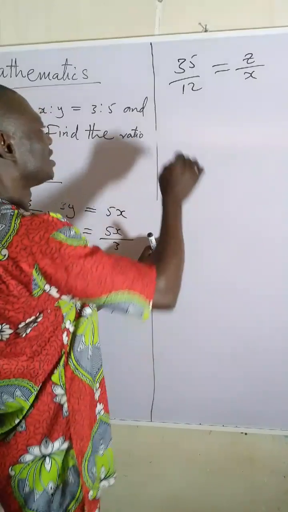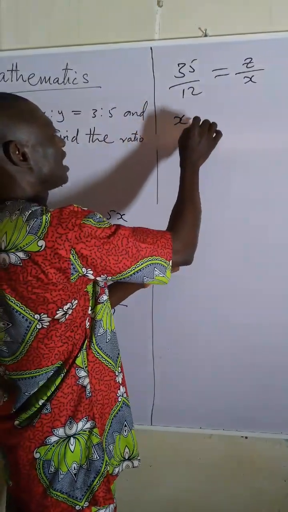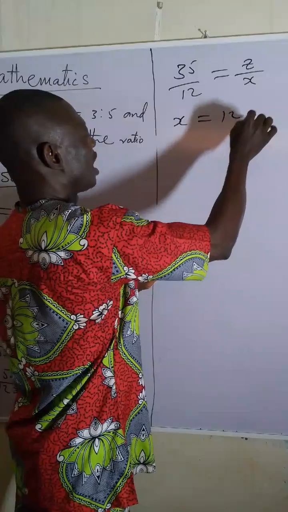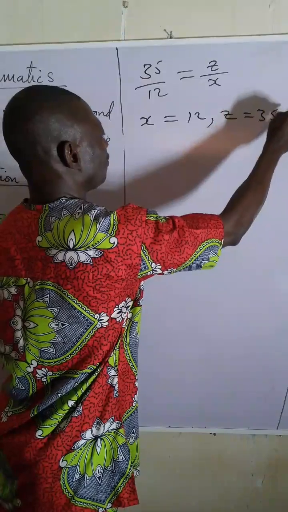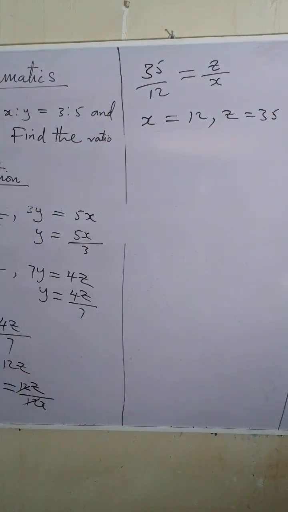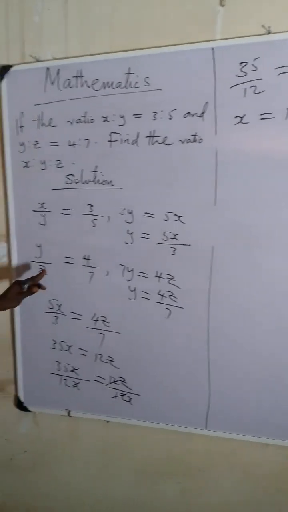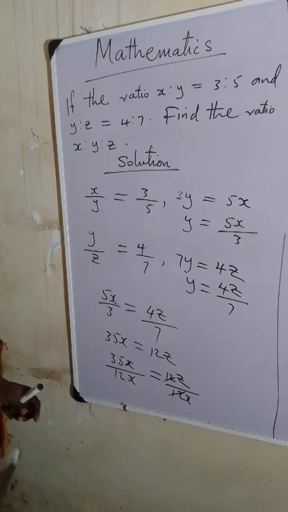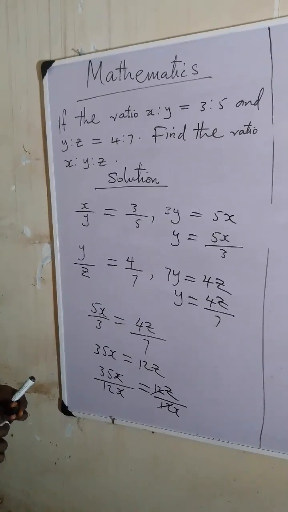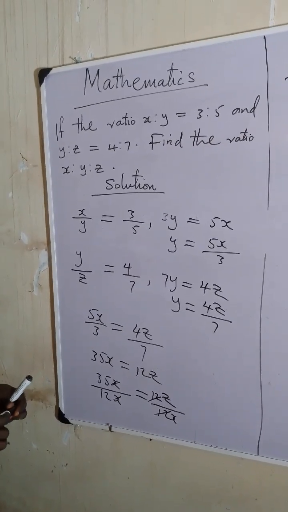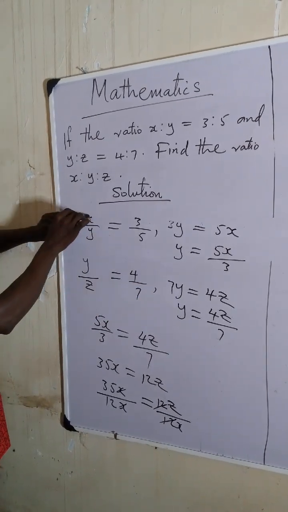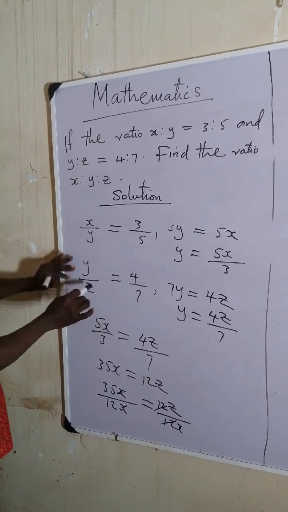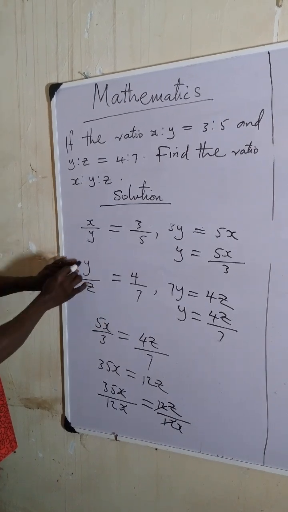When we have gotten that, we can write down that x is equal to 12 and z is equal to 35. We go to any of the equations we had before and substitute either x to find y, or z to find y.